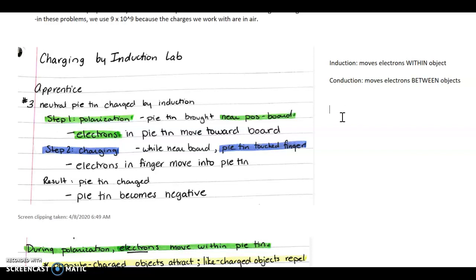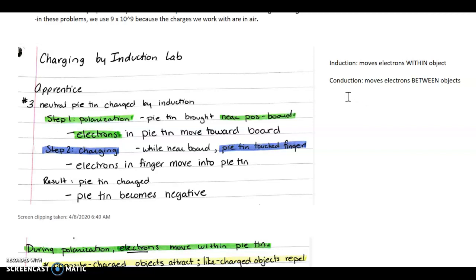That's where we took the balloon and put it near the object, or we put the plate near the pie plate, but they weren't touching. So we didn't have a transfer of electrons, we just had a movement, a migration of electrons from one part of the object to the other.